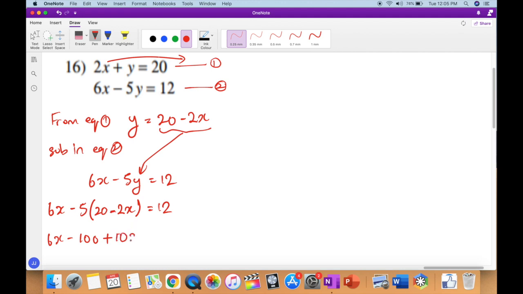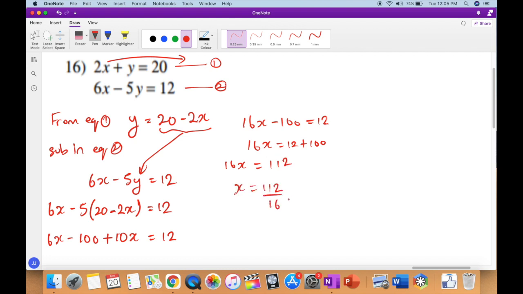So plus 10x equals 12, right? So 6 plus 10, that gives us 16x minus 100 equals 12. So 16x equals 12 plus 100. 16x equals 112. X equals 112 divided by 16, which is 7.